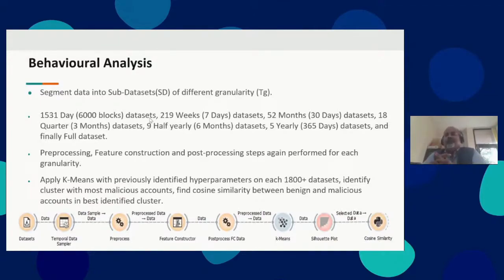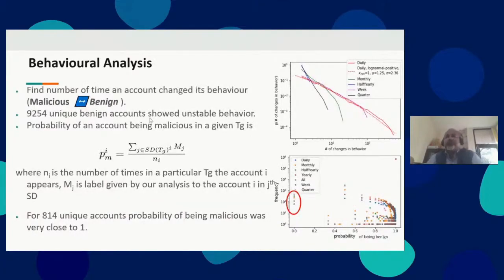Because if I make a decision based on only the last 7 days of data, maybe that account remained dormant. So I may have to look at its behavior over a month or maybe over a year. That determination has to be made. While doing that, we found that a lot of these accounts change.